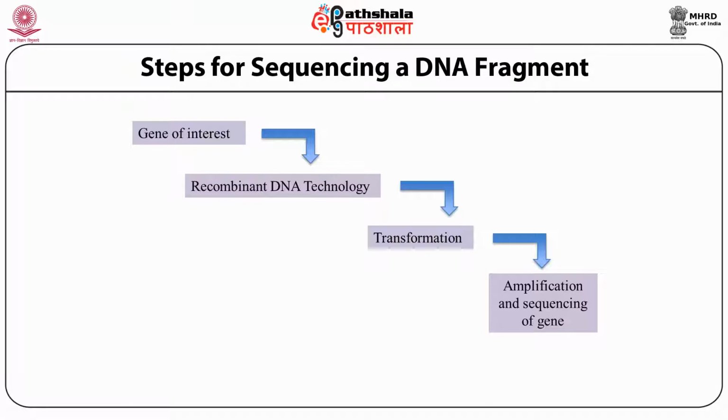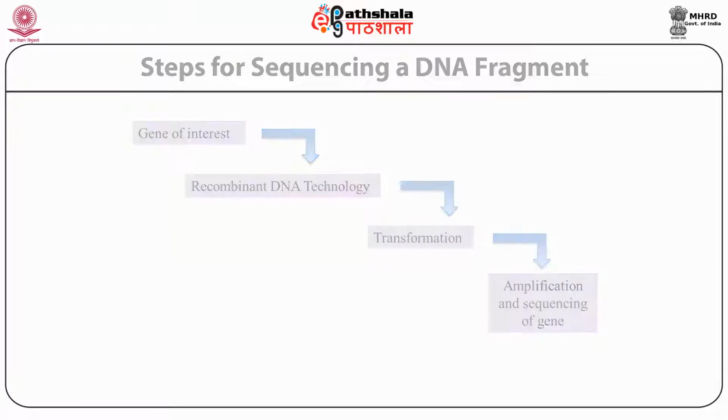Sequencing of DNA fragments results in the chemical identification of genes and genomes. Nowadays, DNA sequencing has become an integral part of molecular biology and genetic engineering experiments. Determining the order or arrangement of nucleotides in a DNA fragment is termed DNA sequencing.